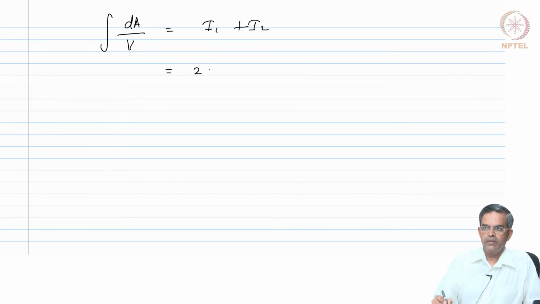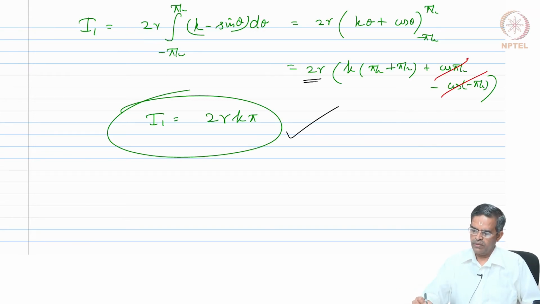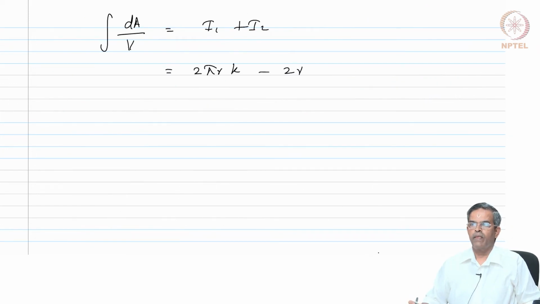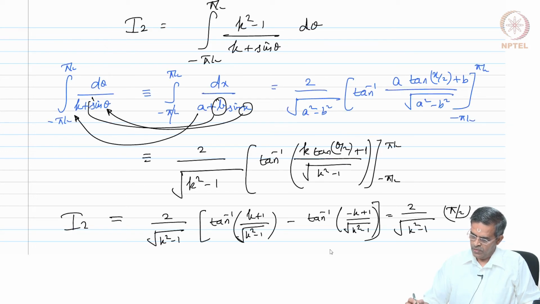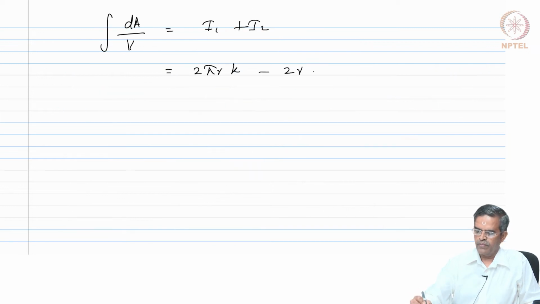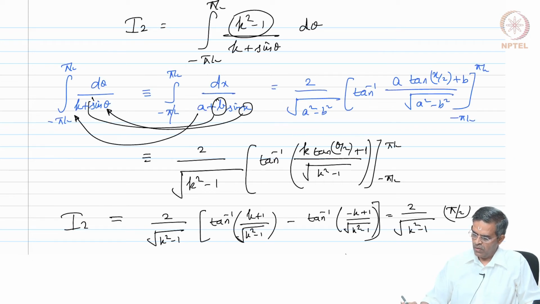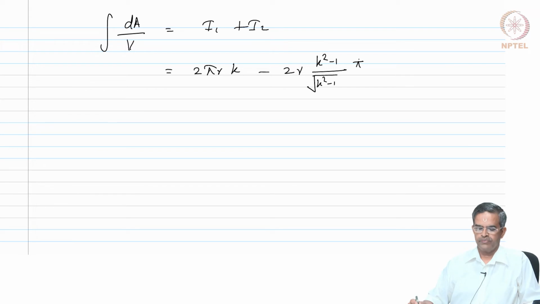It is going to be 2 pi r k minus 2r, this 2r here, plus 2r here, 2r of k square minus 1 anyway numerator, k square minus 1 by the root of k square minus 1, 2r of pi, which will become 2 pi r of k minus root of k square minus 1.